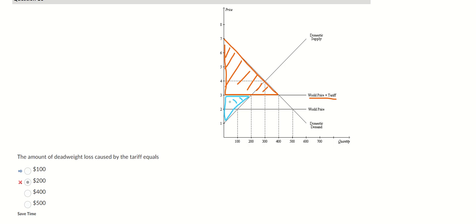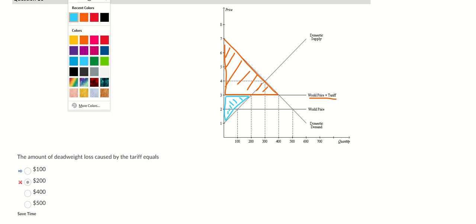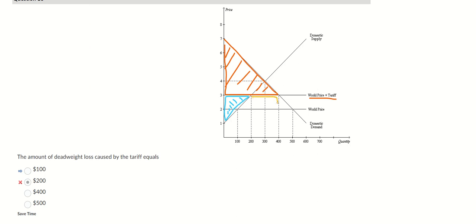That's your producer surplus. Your tariff revenue, so how much the government gets. So this is the tariff revenue. That's how much the government gets. And then our deadweight loss will be this little triangle here and this little triangle here. So the two black triangles, that is our deadweight loss.